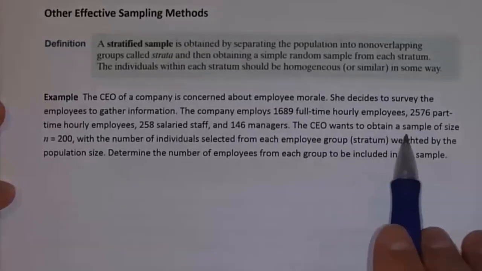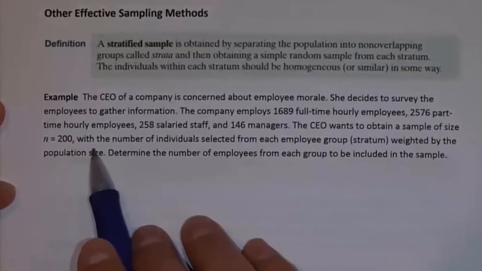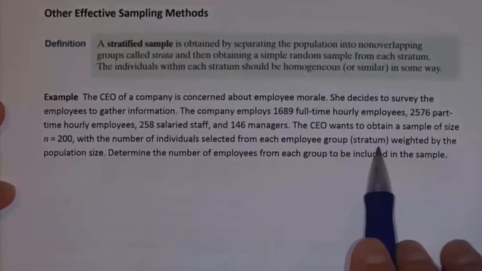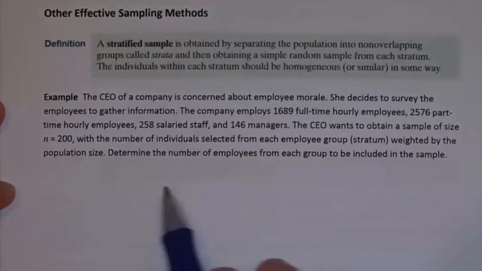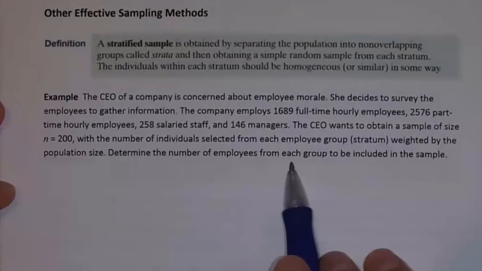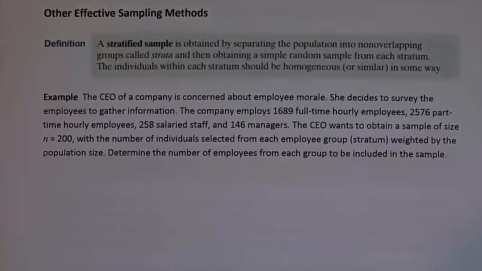The CEO wants to obtain a sample of size n equals 200 with the number of individuals selected from each group, in other words, each stratum, weighted by the population size. Determine the number of employees from each group to be included in the sample.